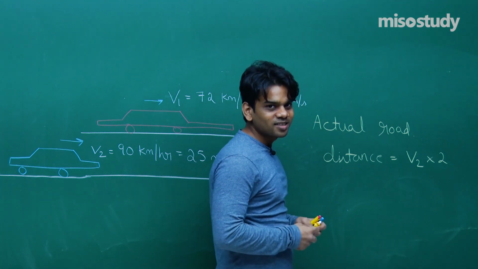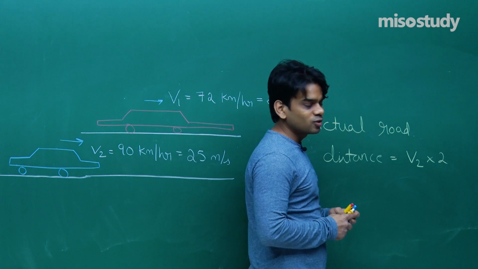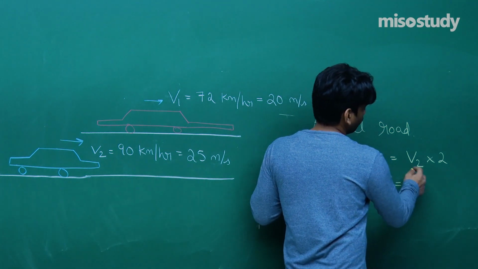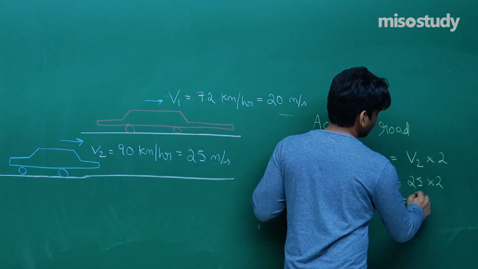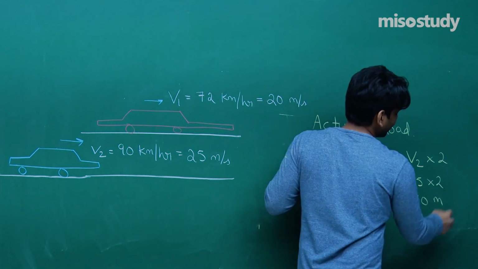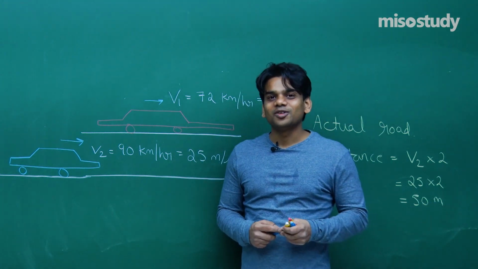In 2 seconds it has actually crossed it. So we got it because just now we evaluated, time taken is 2 seconds. So v2, that is 25 into 2, that is 50 meter. 10 meter was the relative distance, 50 meter is the actual road distance traveled by the second car to overtake.